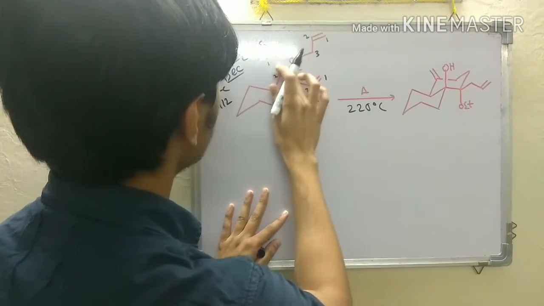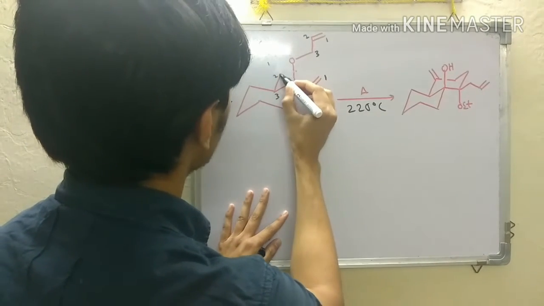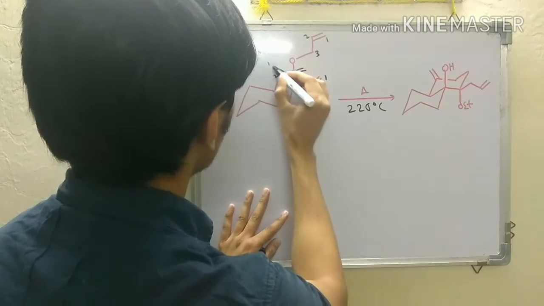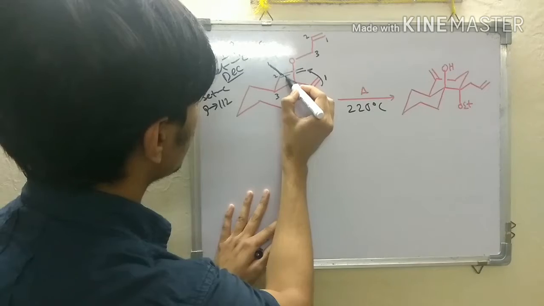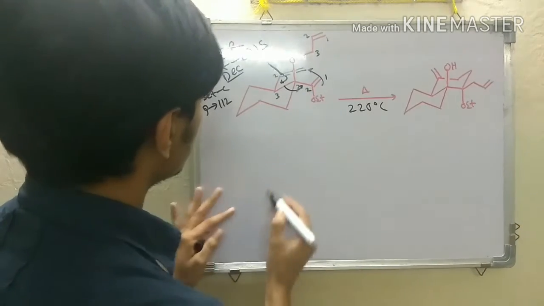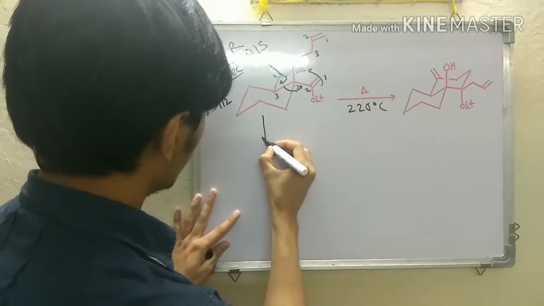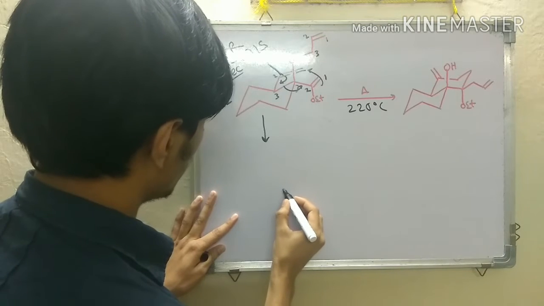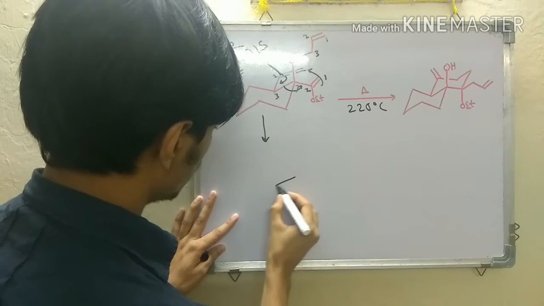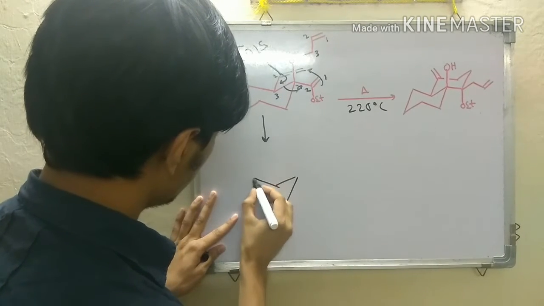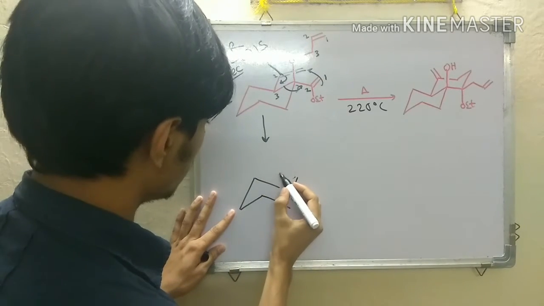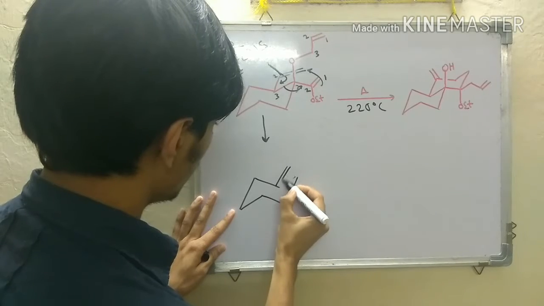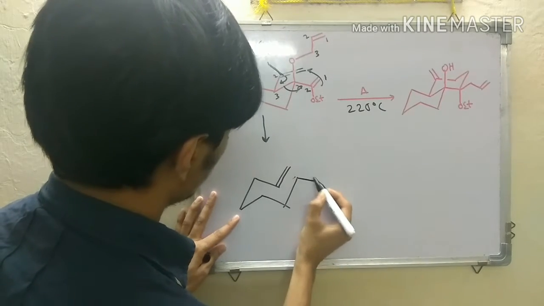So we can write this in proper orientation. This will be our proper orientation, and now this can rearrange like this. So from this you will get, basically this bond is not there because this bond is breaking, and you have this.